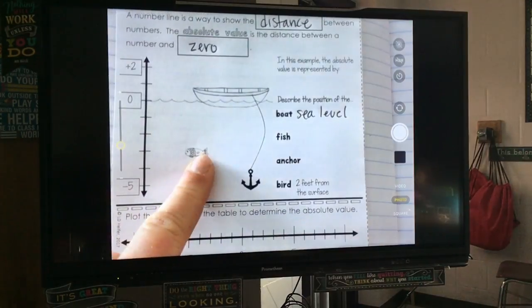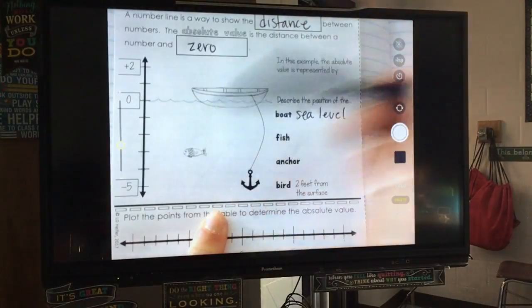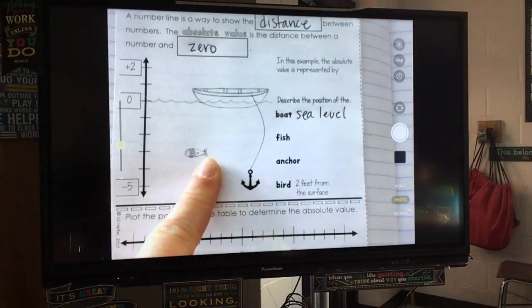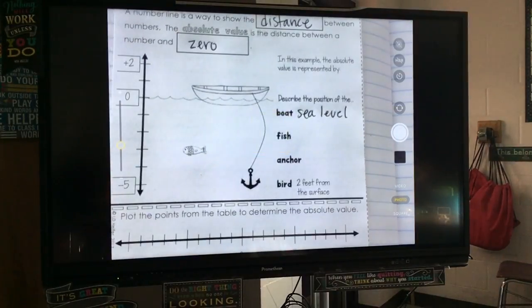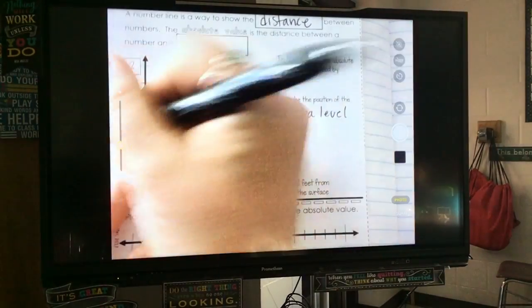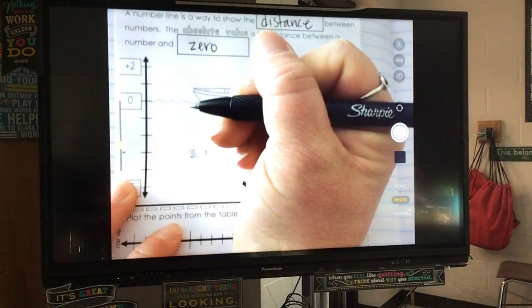So with the fish, technically the fish is where? Here's sea level, here's the -5. So where is my fish located? Just tell me the number that it's located at. Alex? -2 or -3.